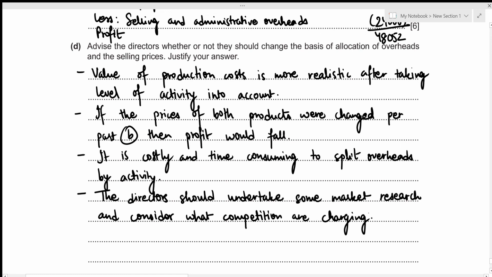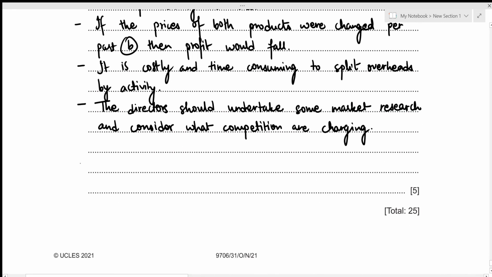Alright, based on these four factors, we now need to make a decision. I personally would advise the directors to not change the basis of allocation of resources, since the profit is still higher if we do not change the basis of allocation, and even though the profit is higher, there is not much change, right? So I would advise the directors that. Let's write it down clearly.